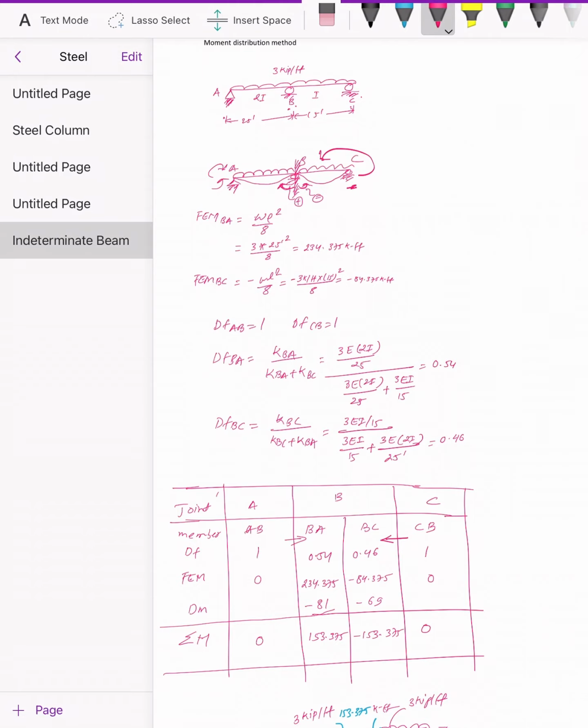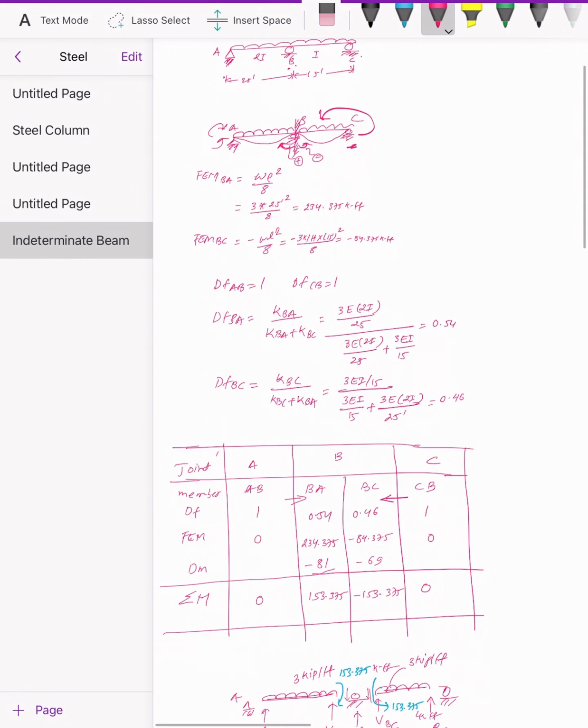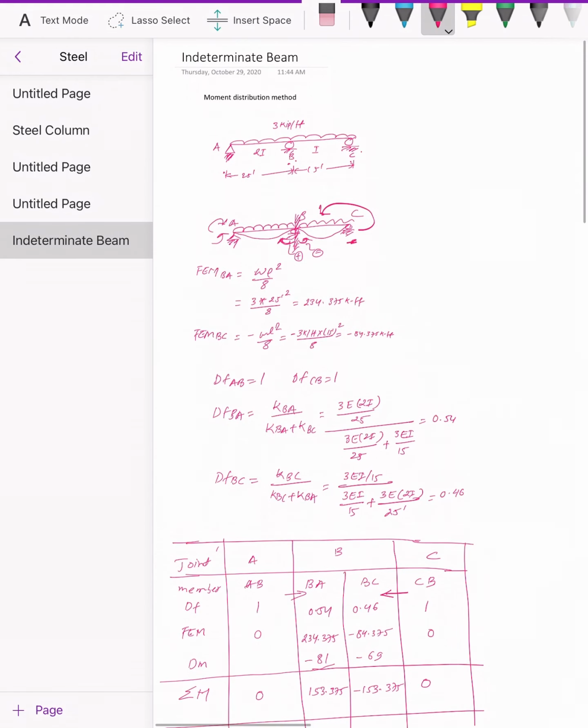Here we have a simple span beam. We computed our moment, but remember this is a very important problem.